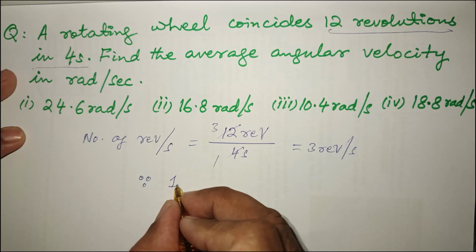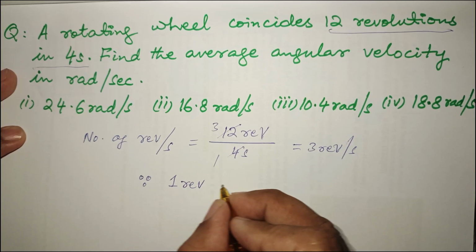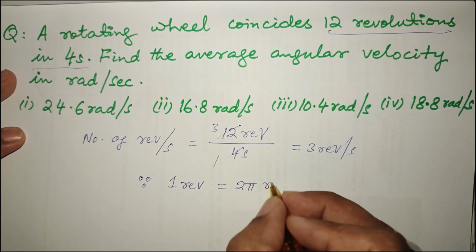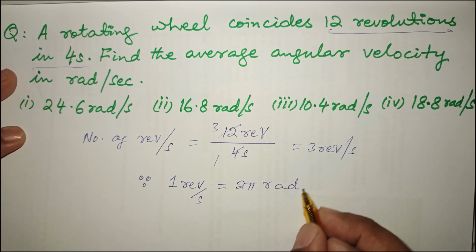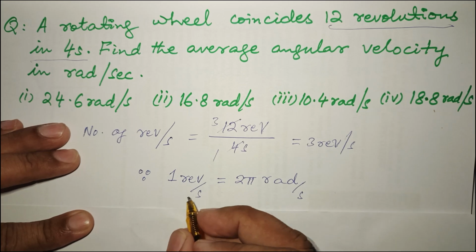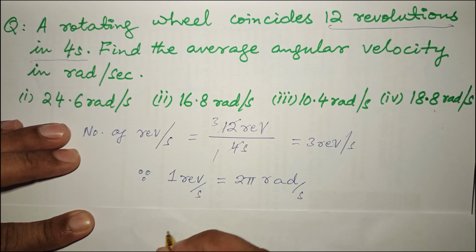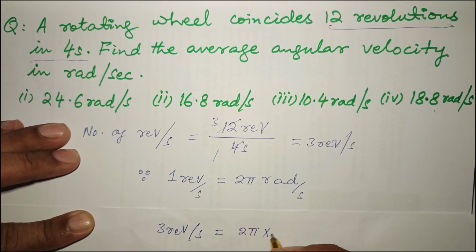We know that one revolution, one complete cycle, equals 2 pi radian. So dividing by second on both sides, we have 3 revolutions per second equals 2 pi multiplied by 3 radian per second. So now solve this. This will be 2 into 3.14 into 3.